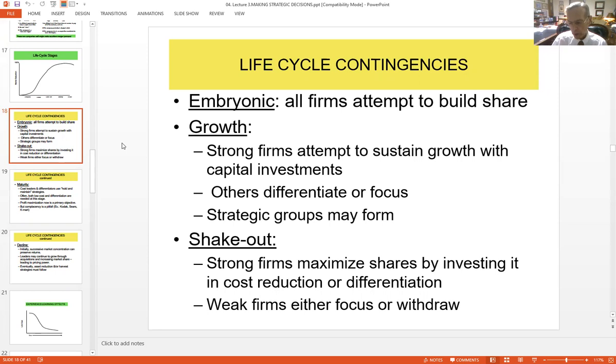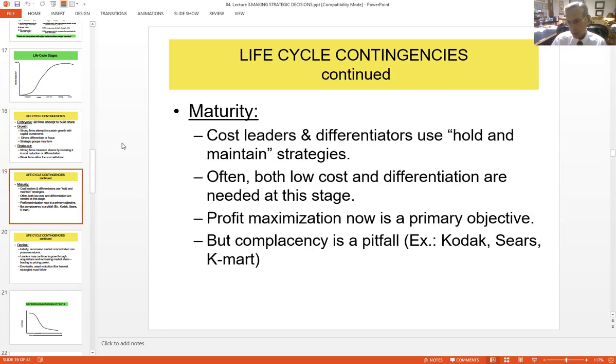Strong firms can maximize their share. They get more efficient. They do a low cost or differentiation strategy. Weaker firms either focus more tightly on their market segments or perhaps withdraw, or they might merge or sell out to larger companies.